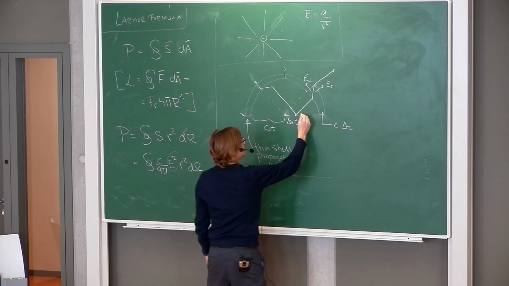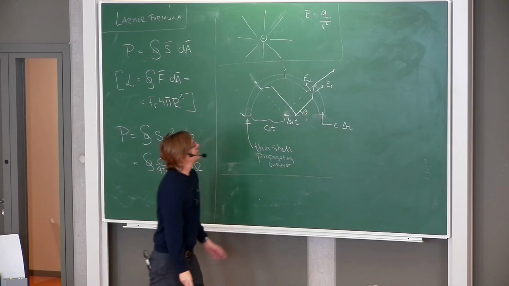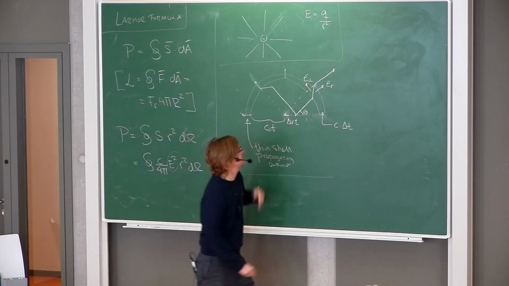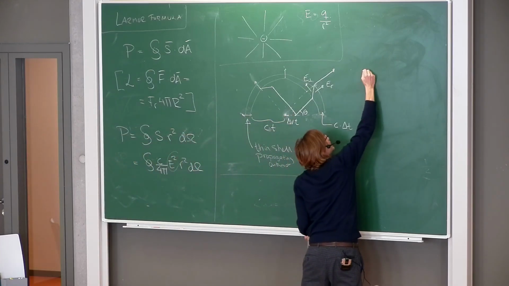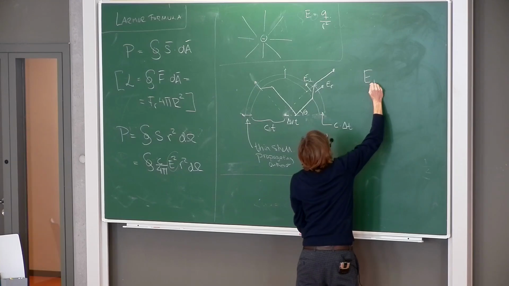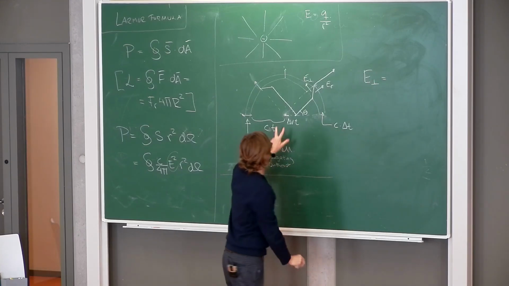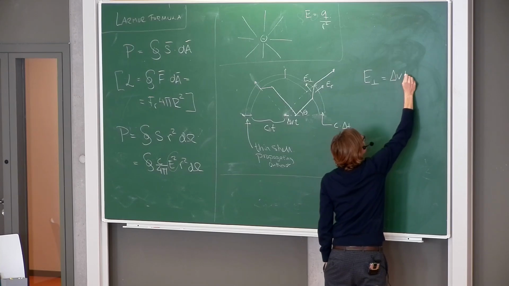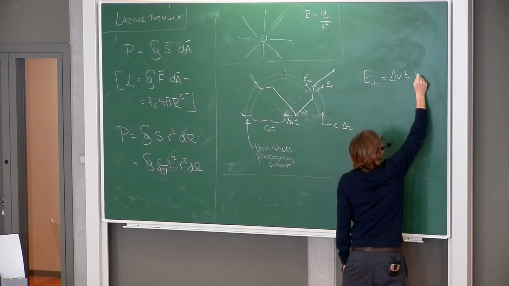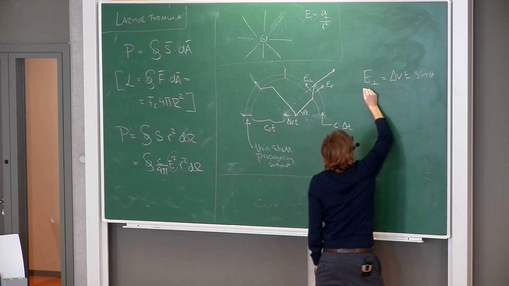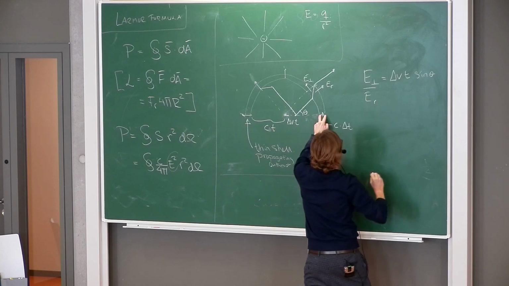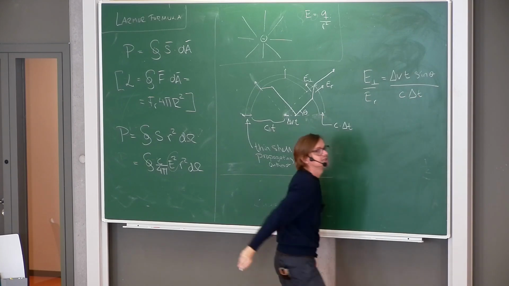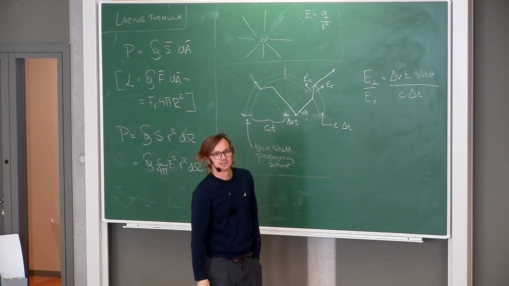And then if we have this as theta, we can work out by just looking at the angles here that the ratio of this must be delta v_t times sine theta divided by E_r, which is just the thickness of the shell, which is just c delta t. All right?